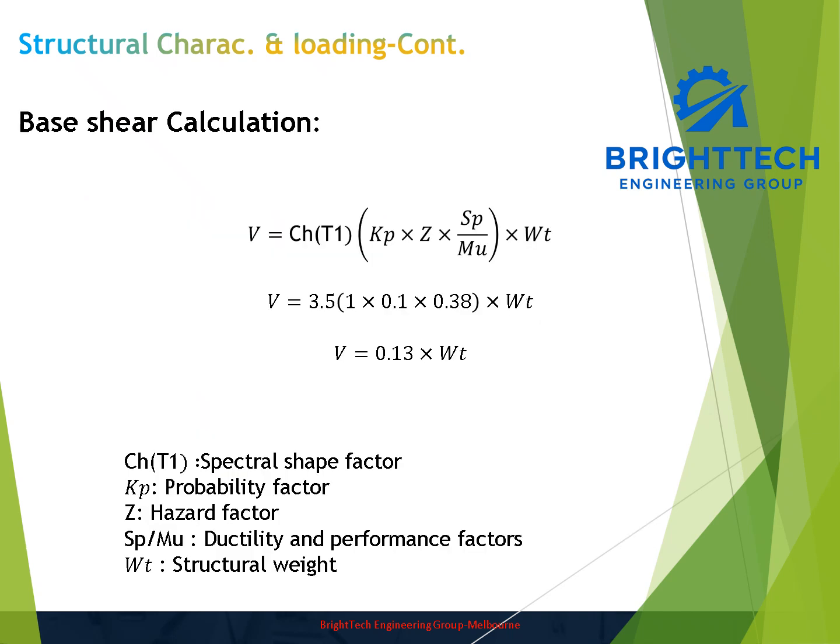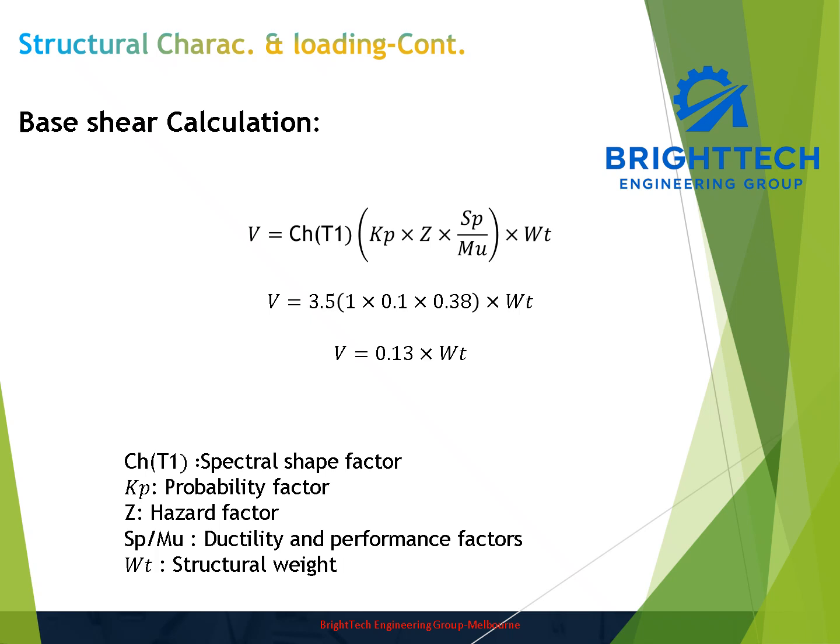In order to calculate the base shear as per standard, we have this equation. V is the base shear, Ch(T1) is the spectral shape factor, Kp is the probability factor, Z is the hazard factor, Sp over mu is the ductility and performance factor, and Wt is the structural weight.